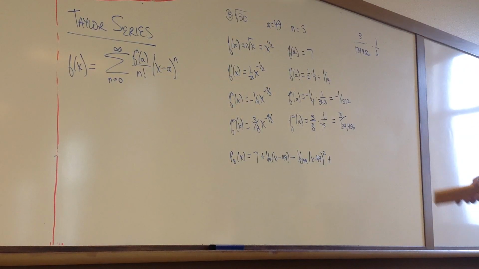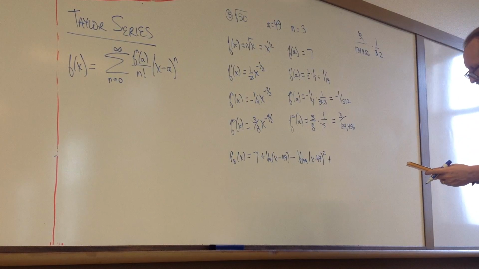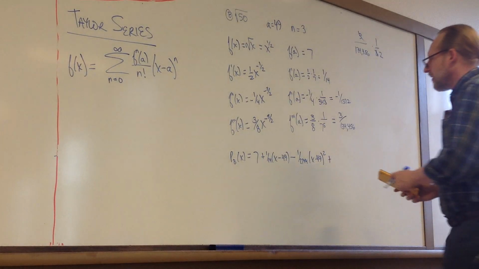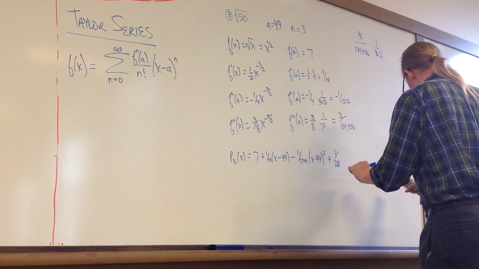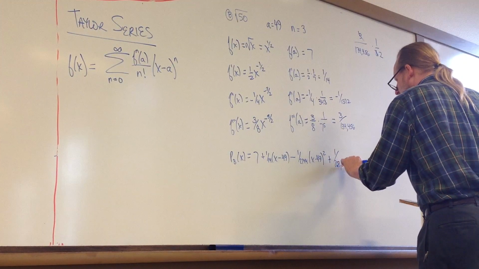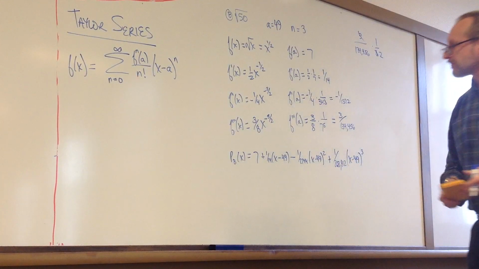Because it's got to be 3 factorial. So that'll go in twice, and I got to take that 134,456 and multiply it by 2. And so this will be 268,912, x minus 49 cubed.